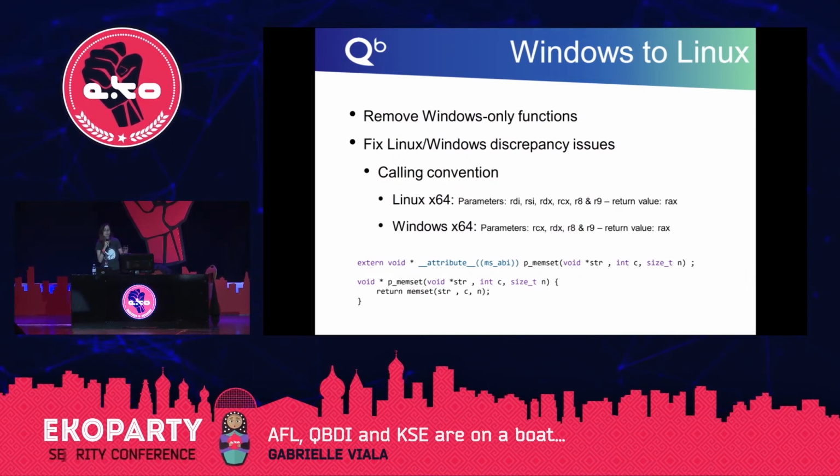For example, you have the calling conventions, which are different between Linux and Windows, and you have to create a small trampoline to translate the API. It's not really hard. As you see, there's one example here. It's only 3 lines of code. But you need to do that on any call to a native function. So, yeah, it's a bit painful, in fact.